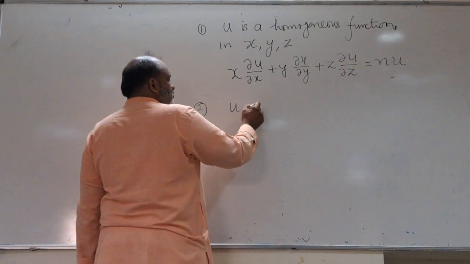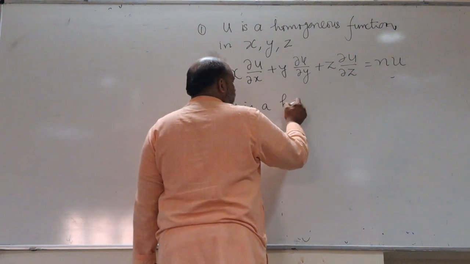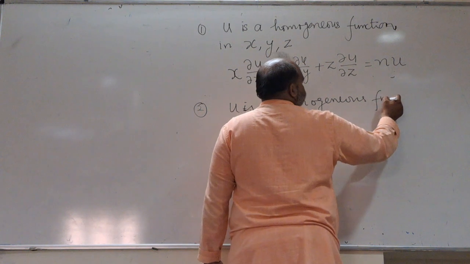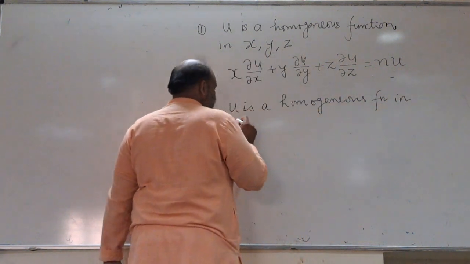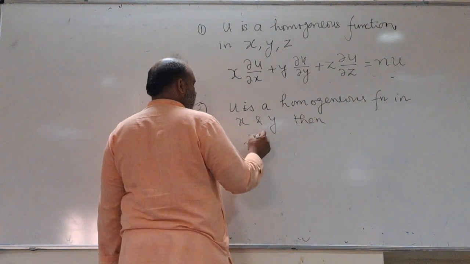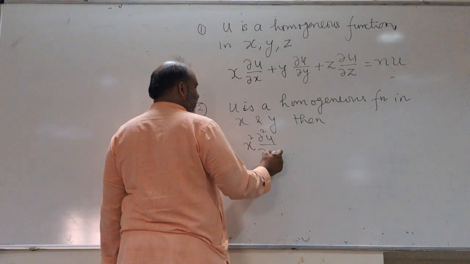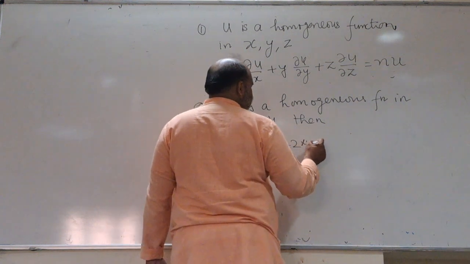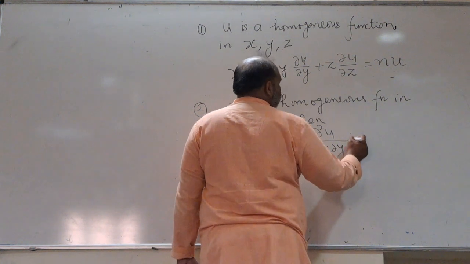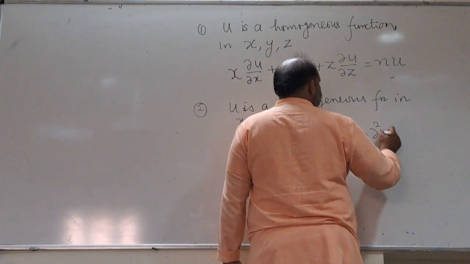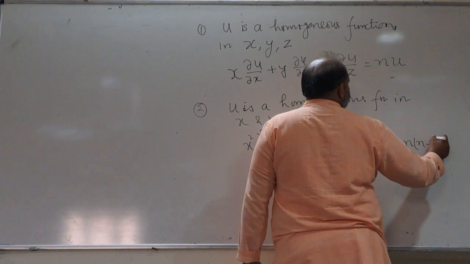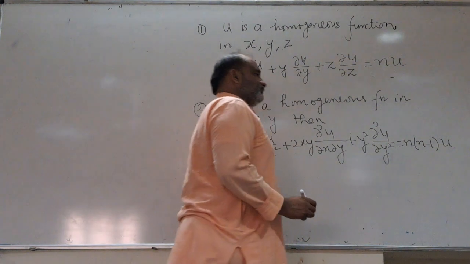Of course, use a homogeneous function in the variables x and y, then x square del square u over del x square plus twice xy del square u over del x del y plus y square del square u over del y square will be equal to n into n minus 1 u.